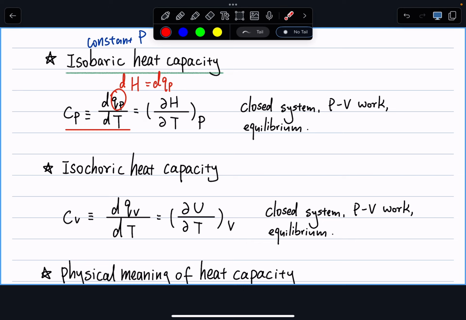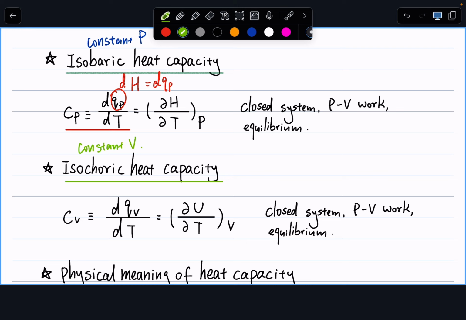Like the isobaric heat capacity, we can also have an isochoric heat capacity. Remember, isochoric means we're looking at constant volume, and we write it as CV.